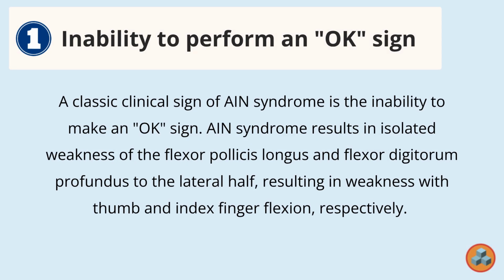Option 1, inability to perform an OK sign. A classic clinical sign of AIN syndrome is the inability to make an OK sign. AIN syndrome results in isolated weakness of the flexor pollicis longus and flexor digitorum profundus to the lateral half, resulting in weakness with thumb and index finger flexion, respectively.